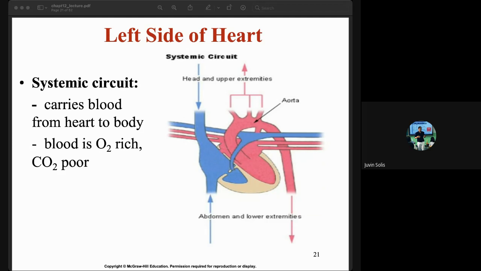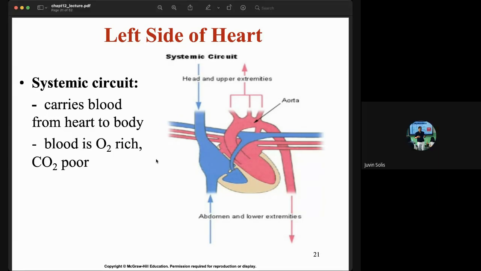Kung kanina, blood is oxygen poor and carbon dioxide is rich. Dito naman sa systemic, oxygen in the blood is rich and carbon dioxide is poor. Okay? Is that one clear? Yes, sir. Okay, very good.